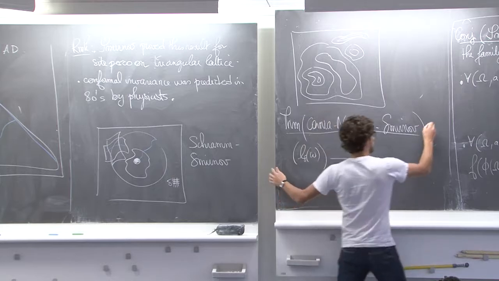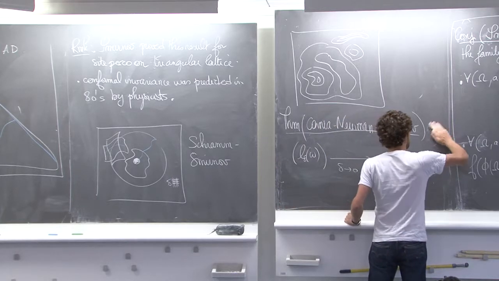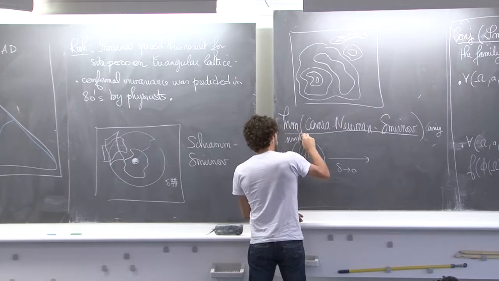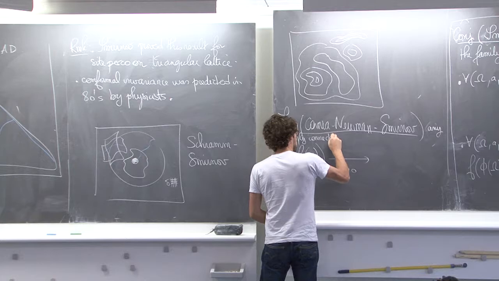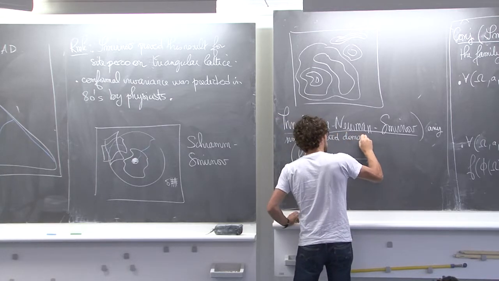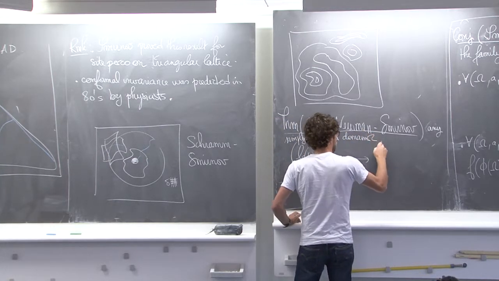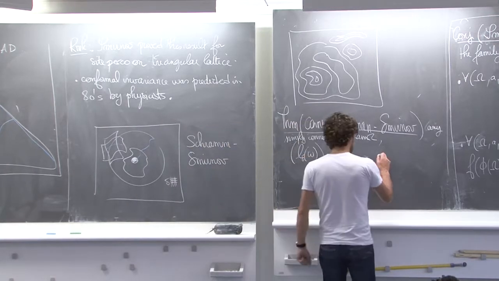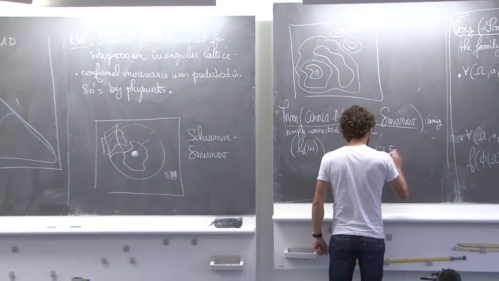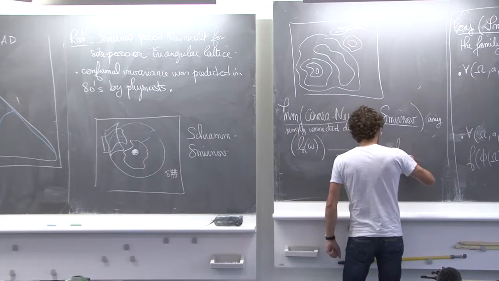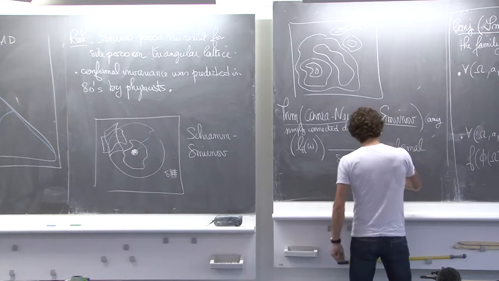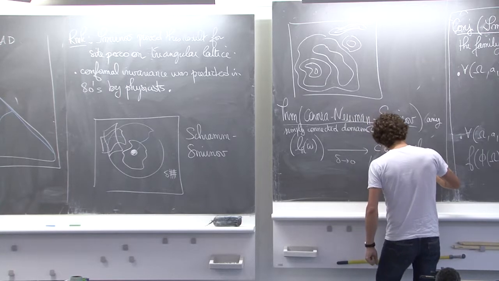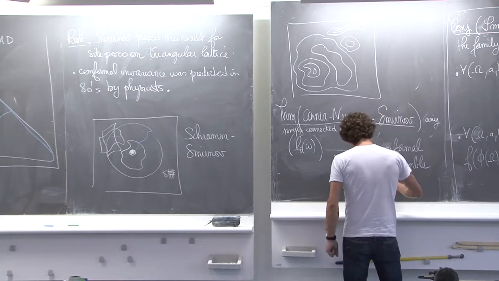So for any simply connected domain omega, L delta of omega is converging to what we call CLE6, the conformal loop ensemble of parameter 6.